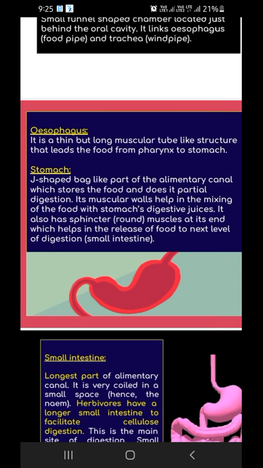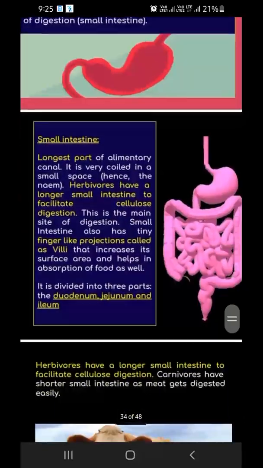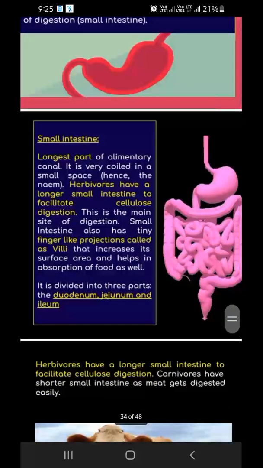The next level of digestion is the small intestine. The small intestine is the longest part of the alimentary canal. One thing you should know is that the alimentary canal is 9 meters long. I think your teacher has told you.